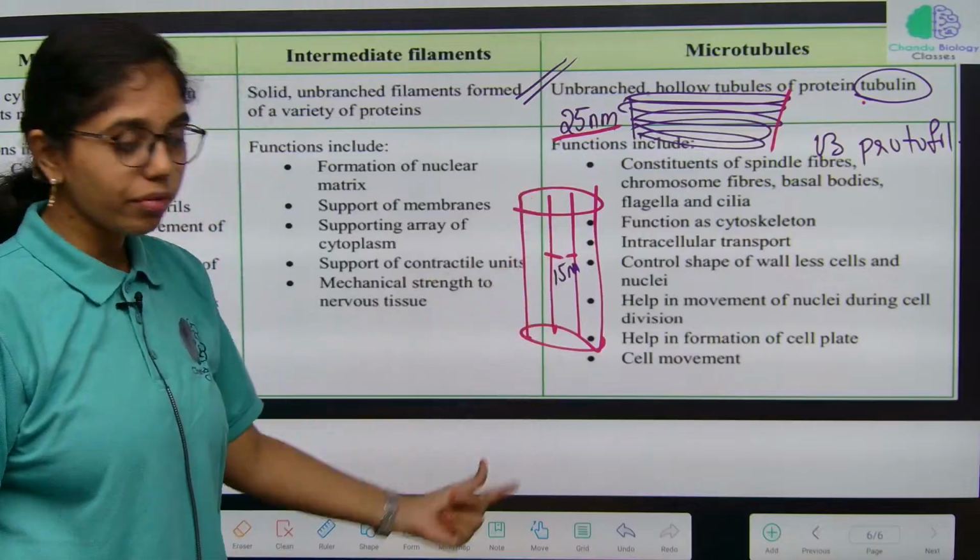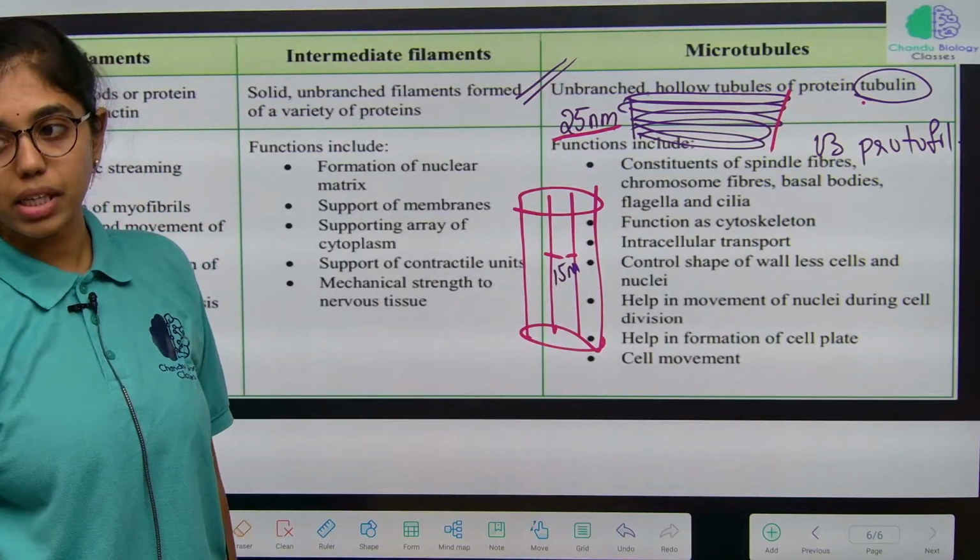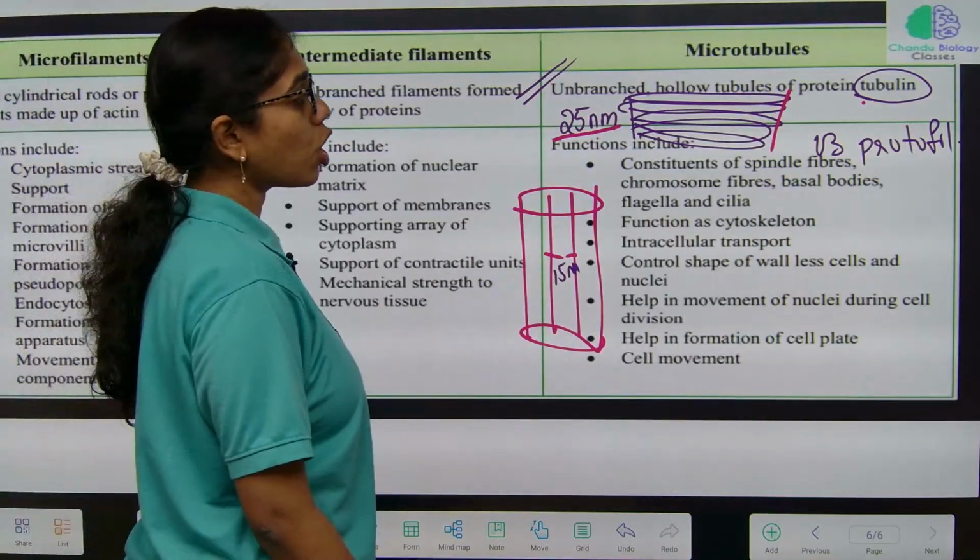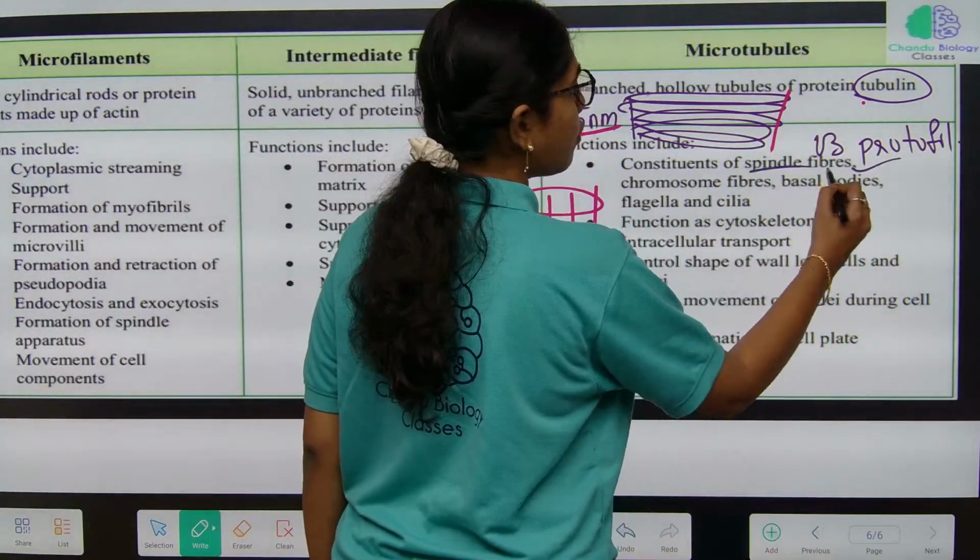And at the center, the core is having 15 nanometers diameter. So total microtubule diameter is 25 nanometers, made up of 13 protofilaments, and at the core it is 15 nanometers in diameter. And this constitutes what? Spindle fibers.